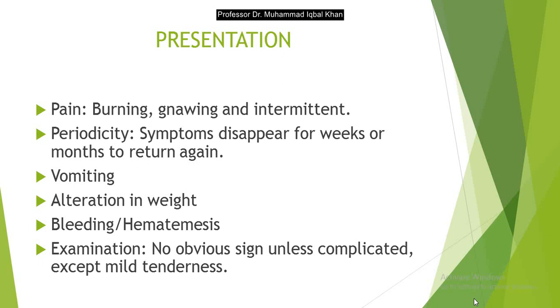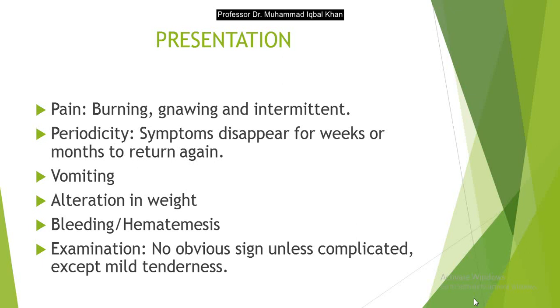Now, if the patient is coming to you with a pain in the epigastrium, how would we be able to differentiate between the pain of a gastric ulcer and the pain of a duodenal ulcer?